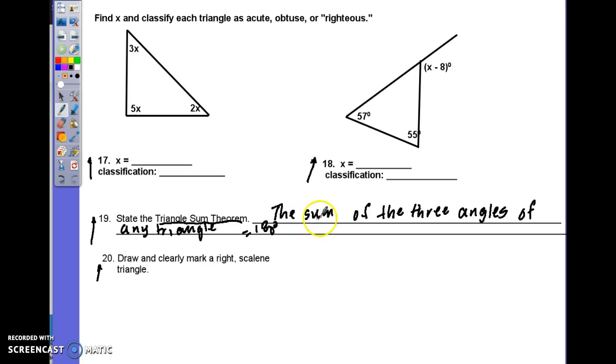Let's rehearse that. The sum of the three angles of any triangle is equal to 180 degrees. Well, let's look at this one. To find x, we bear in mind that these three angles must add up to 180.